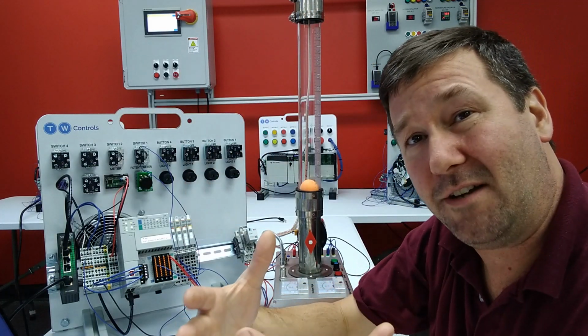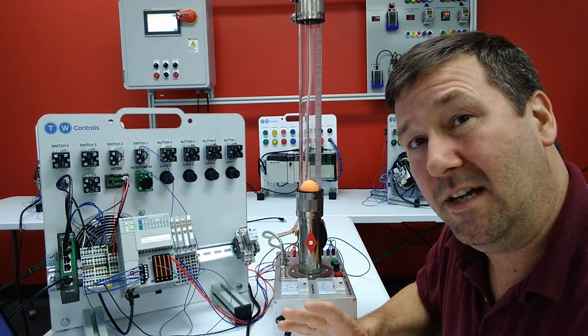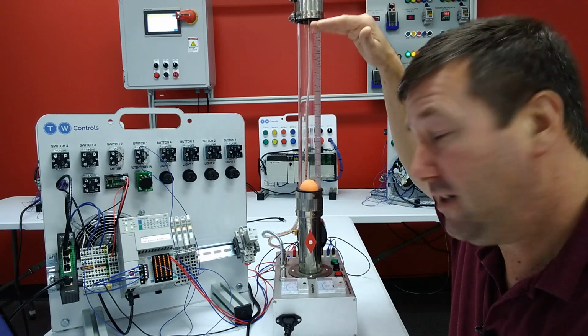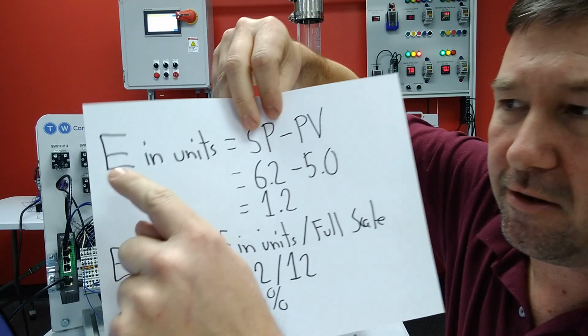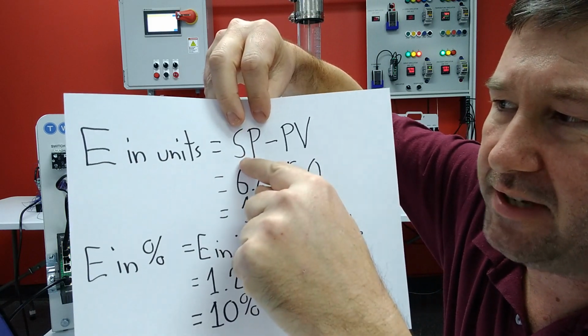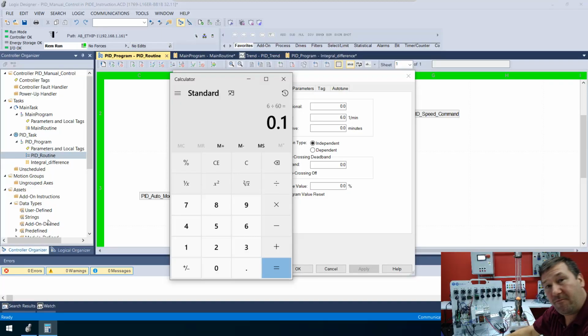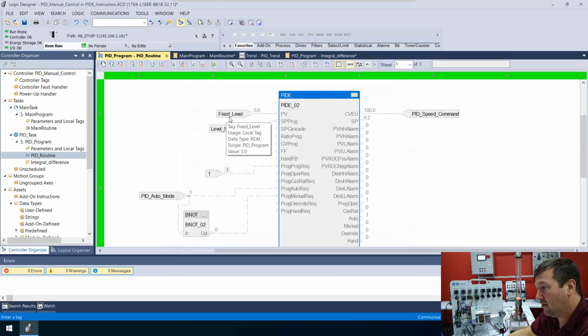So now all we've got to do is understand this error, which, again, is mostly about getting the units right, because it is actually mostly in percent of the scaling, which we did 0 to 12 on. If we look at our error in units, it's going to be our set point value minus our process value. Well, we fixed both of those, so they couldn't change. If we go back there, our set point variable is 6.2.